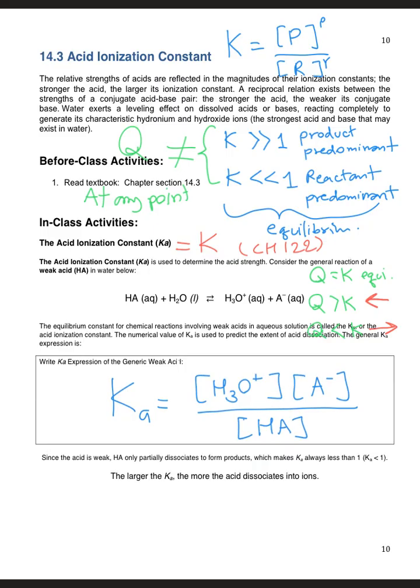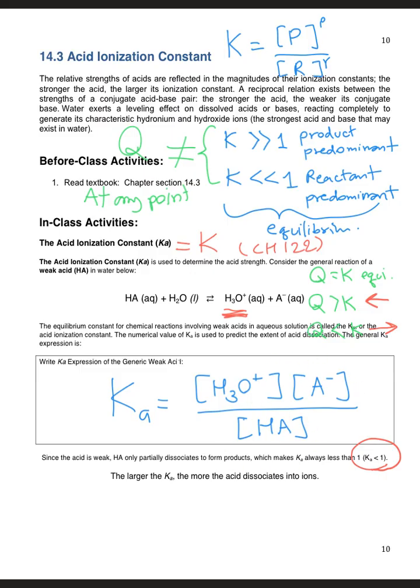Since a weak acid is only partially dissociated, the Ka value of a weak acid will always be less than 1. It indicates that at equilibrium, the reactant is predominant and only dissociates to give off a few hydronium ions. As you see, the Ka is the ratio of product to reactant.